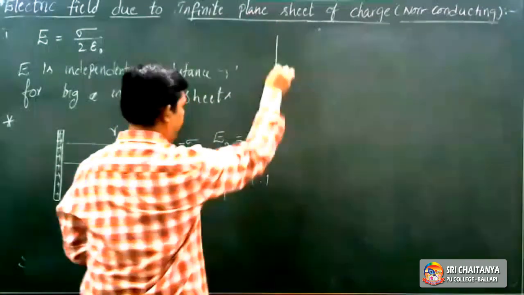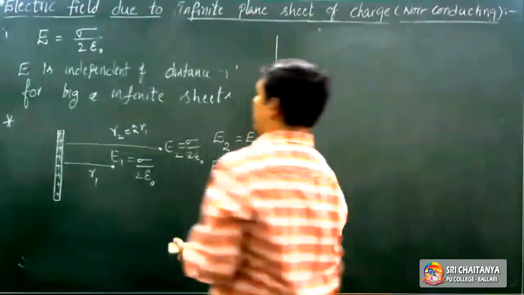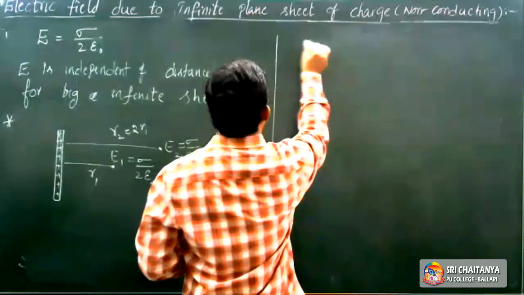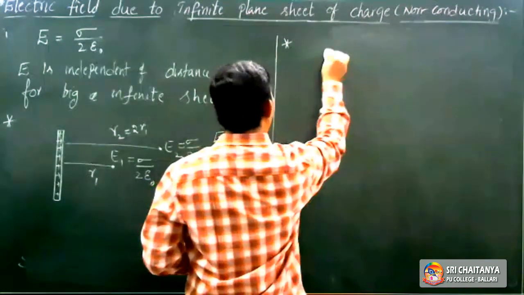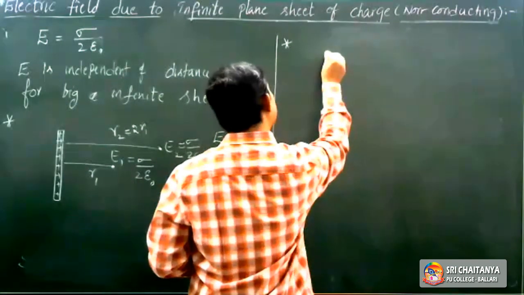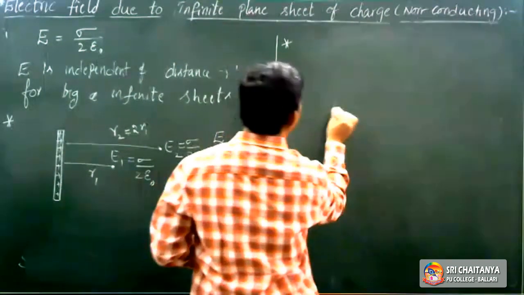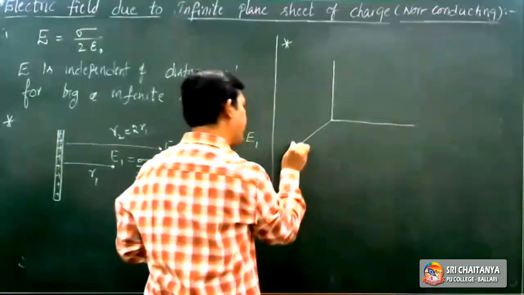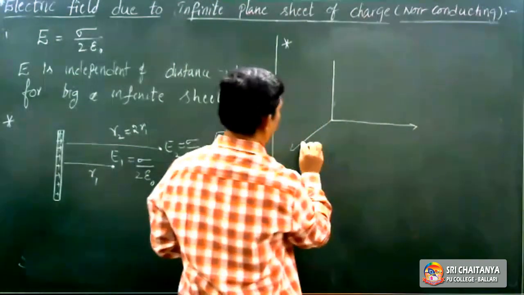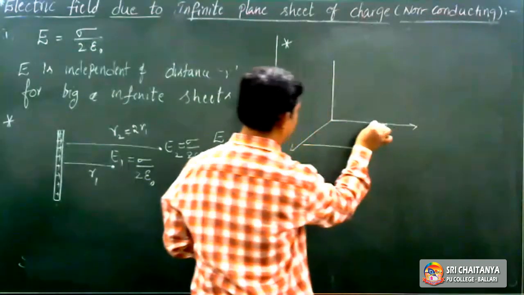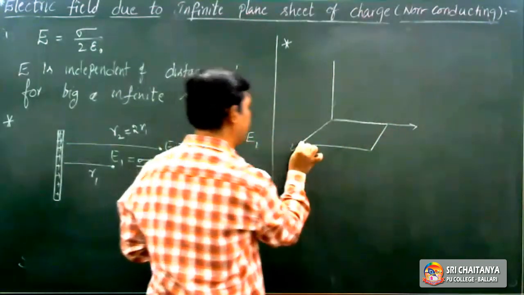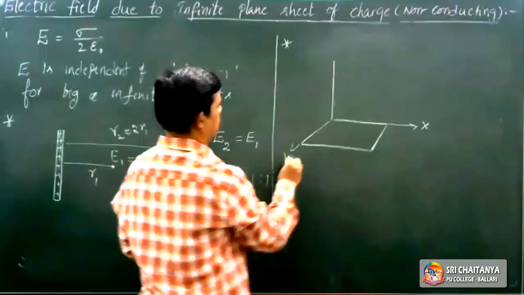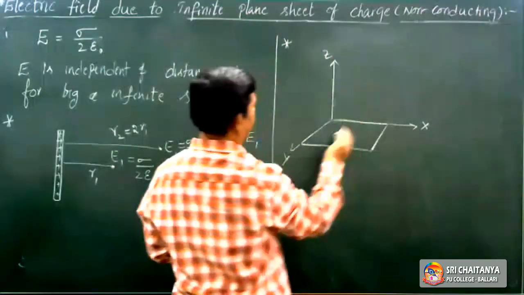Next, I kept this sheet. See, the sheet is like this. This is the plane sheet. This is the X, this is the Y, and this is the Z axis.